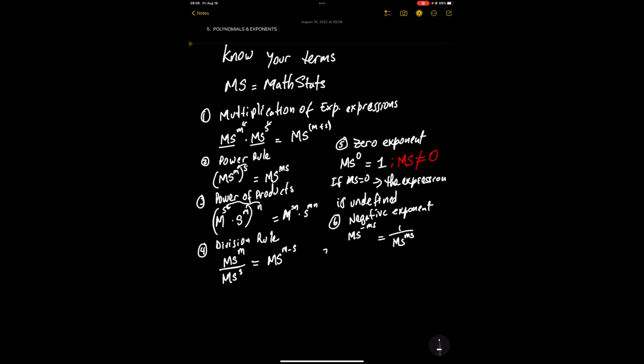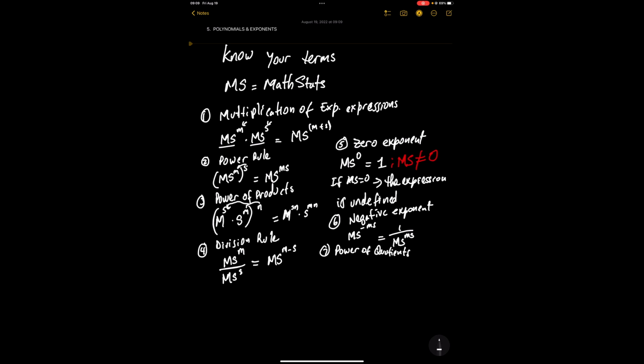Number 7, we have the power of quotient. Remember the power of quotient. It's basically like the division rule.